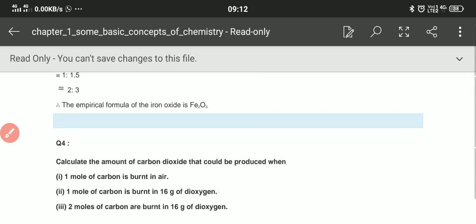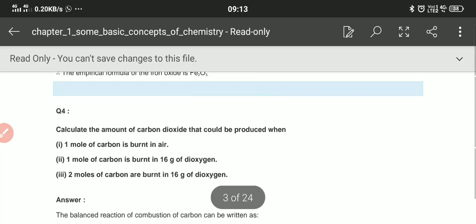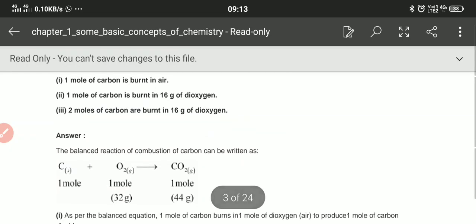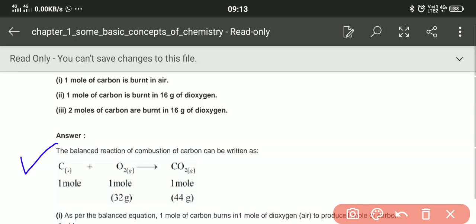Now calculate the amount of carbon dioxide that could be produced when 1 mole of carbon is burned in air. So first write the balanced equation, that is carbon plus oxygen gives CO2. 1 mole of carbon requires 1 mole of oxygen and produces 1 mole of carbon dioxide. So first, 1 mole of carbon is burned in air.